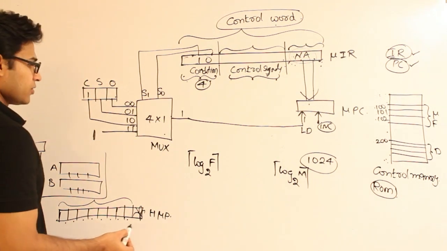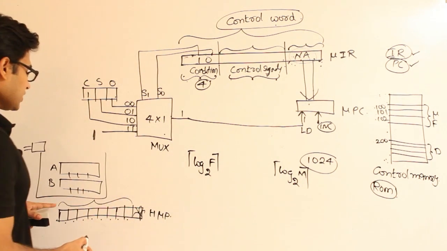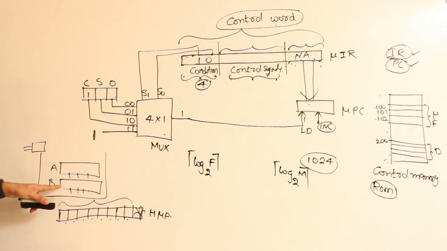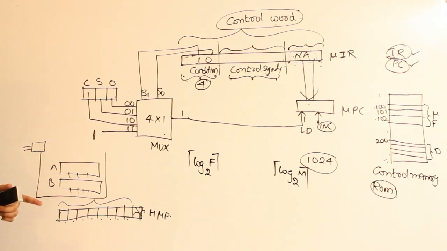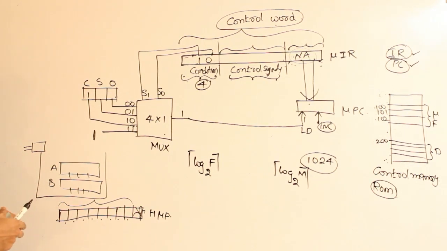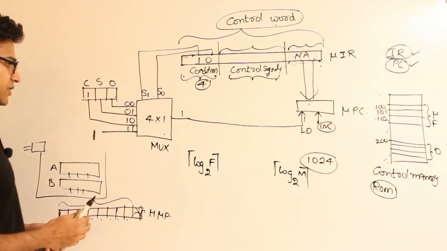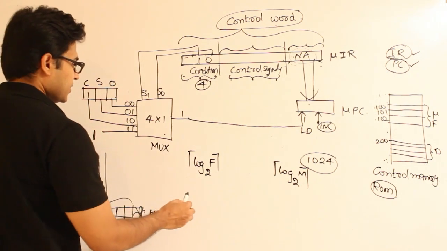In vertical microprogramming, since we have to generate 8 control signals, and in most cases we might not need all these control signals at the same time, we will be generating them one after the other. And we'll put in place the hardware required, so that if 2 signals are required at the same time, we will have certain trade-offs there.